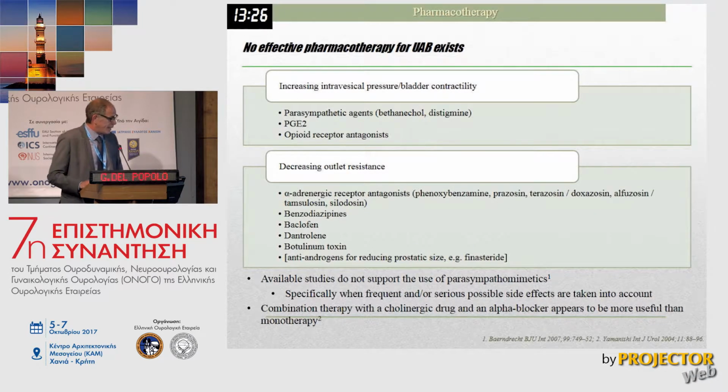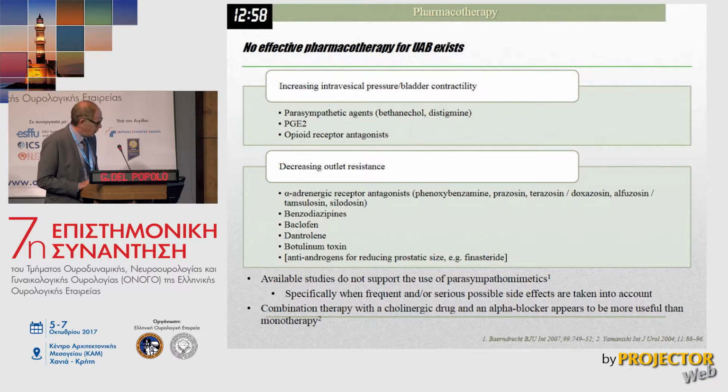So at the moment, we have no really effective pharmacotherapy. You know that in the last 20 years, we used some parasympathetic agents such as bethanechol, but you know also that there are some real side effects, and also intravesical PGE2 and some opioid receptor antagonists.